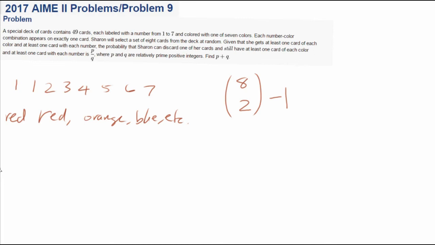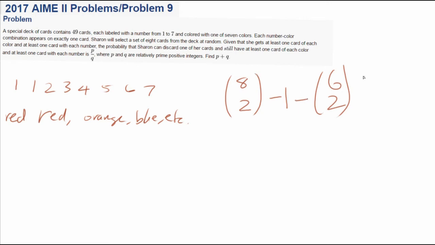Well, actually it's easier to use complementary counting in this case. We can just count the number of ways that red isn't assigned to number 1, and that's if red is assigned to only these 6 numbers. So out of these 6 numbers you choose 2 numbers to be red. So that's 6 choose 2. And that's the complement of the probability that at least one red is assigned to a 1.